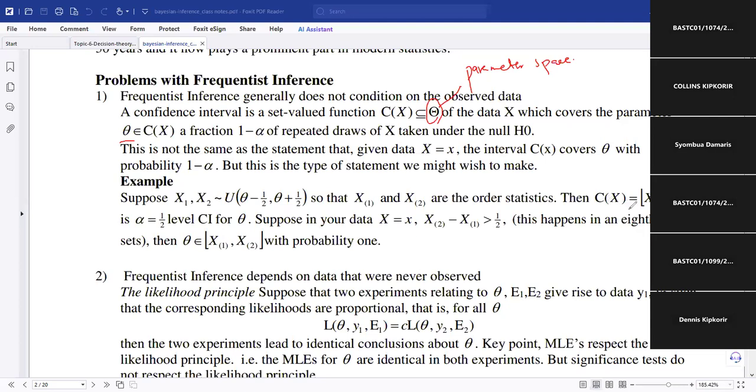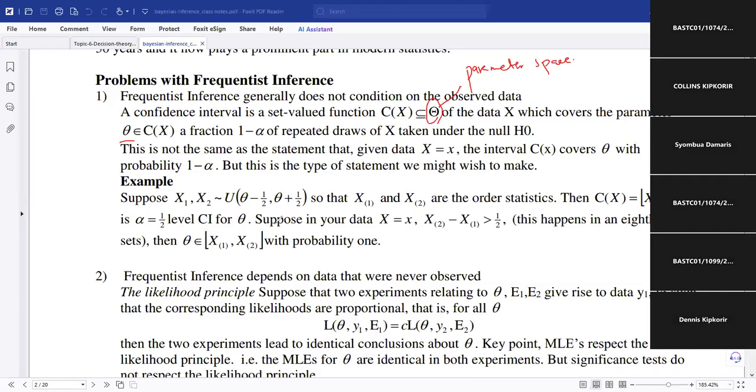Then C of x will be the interval from x1 to x2, and alpha is the level of the confidence interval for theta.